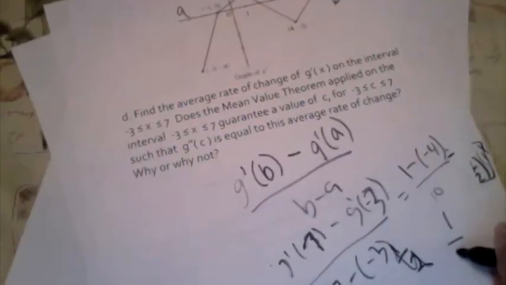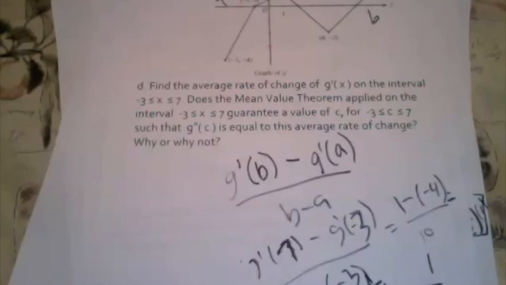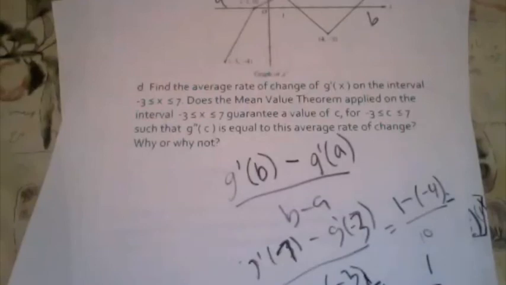So it doesn't guarantee that there's a value of c such that the second derivative of g at c is equal to this average rate of change, because there's just not enough info given. Alright.